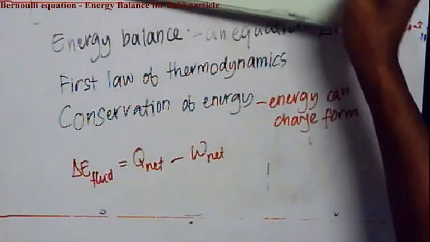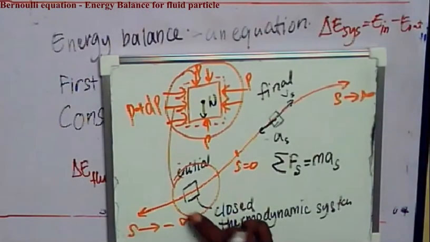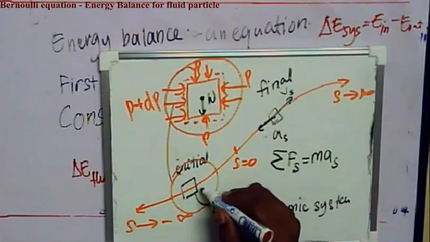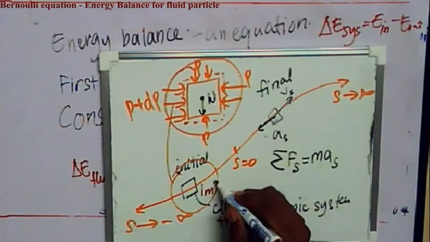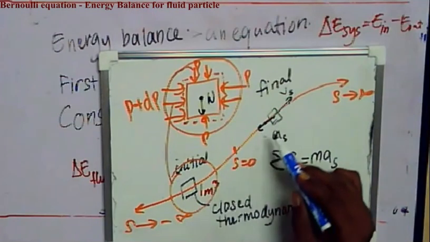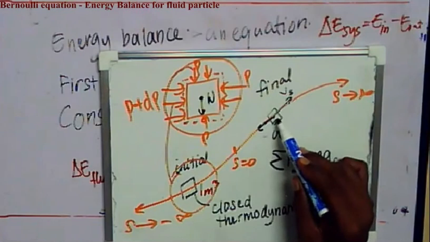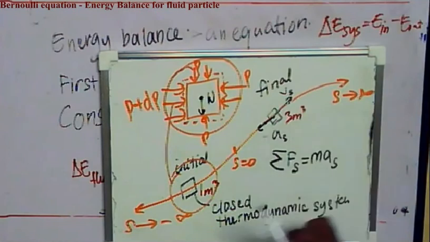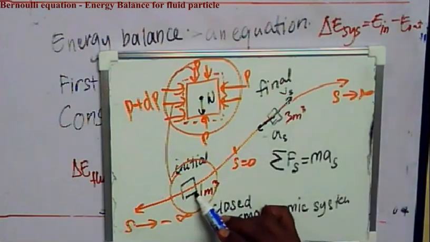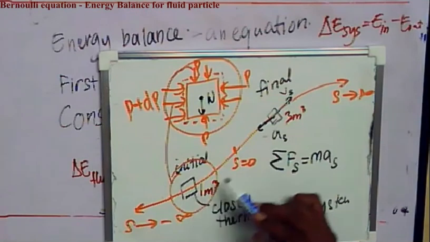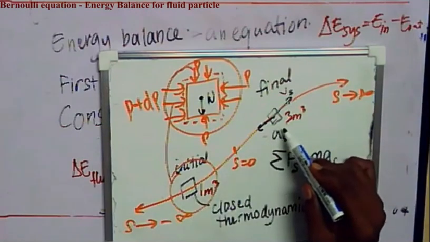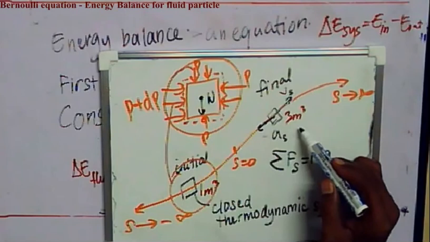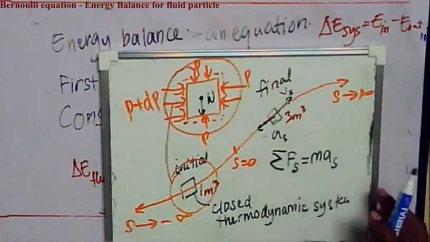Let's say we have the fluid here, the dimension is 1 meter cube. So when it flows to the higher position, the volume is increasing, right? Let's say 3 meter cube. So you have a water tank at your home, right? 1 meter cube, and then it is raised to a certain location, expanding to 3 meter cube, as big as your room, right?